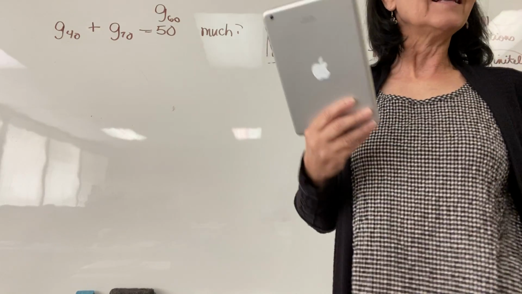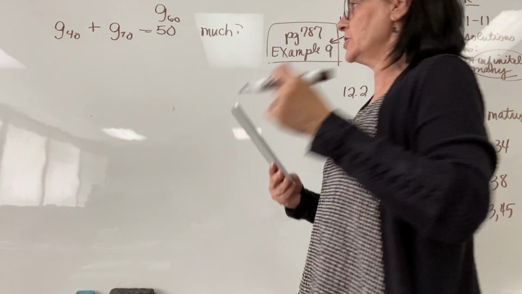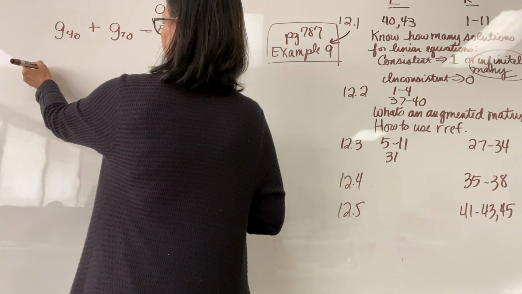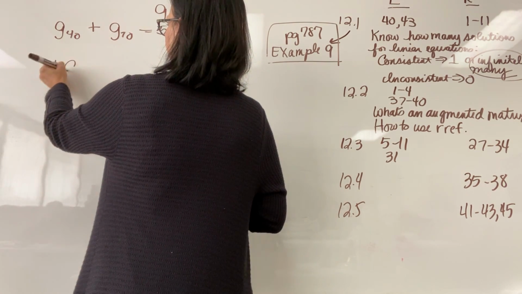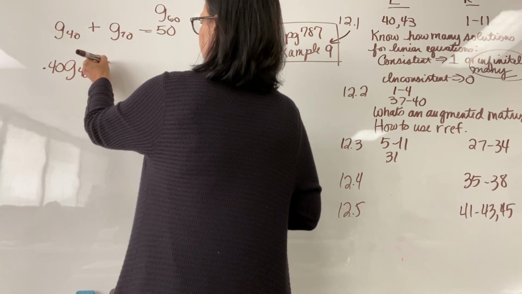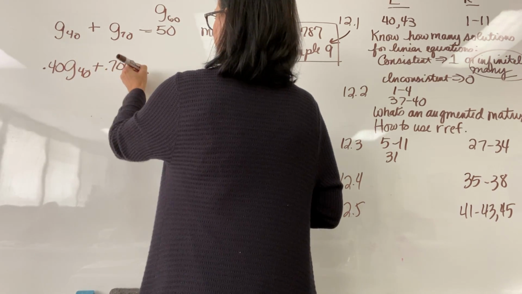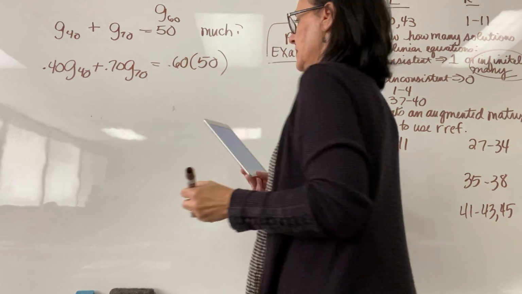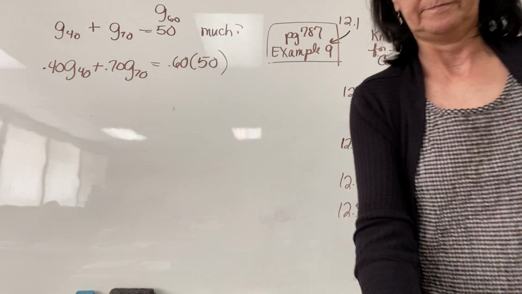This was exactly like what we did in Algebra 2. Then we have the weighted: 40% times gold 40 plus 70% times gold 70 is 60%. I know how much gold 60 I want.